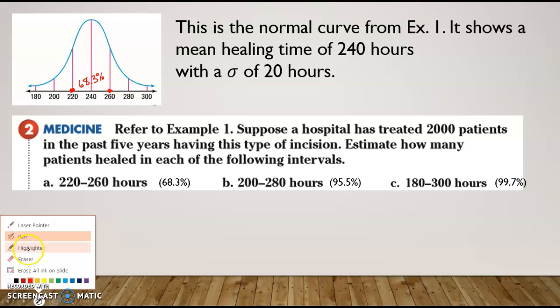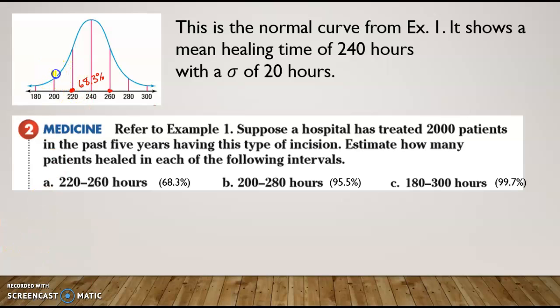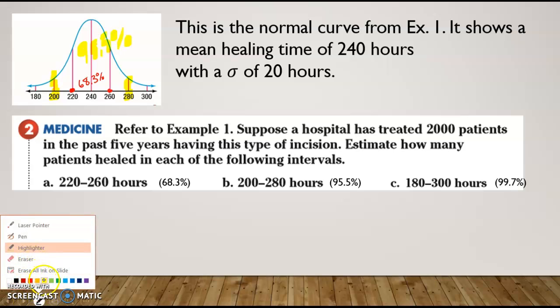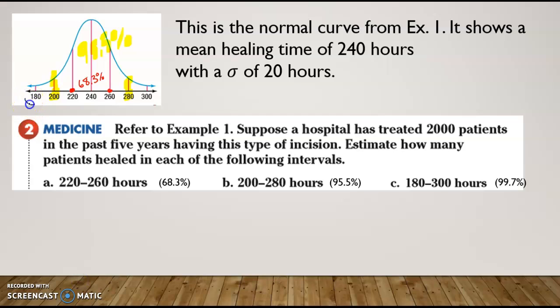If they are between 200 and 280, that's where you get your 95.5%. If you have between 180 and 300, that's where you have your 99.7%.